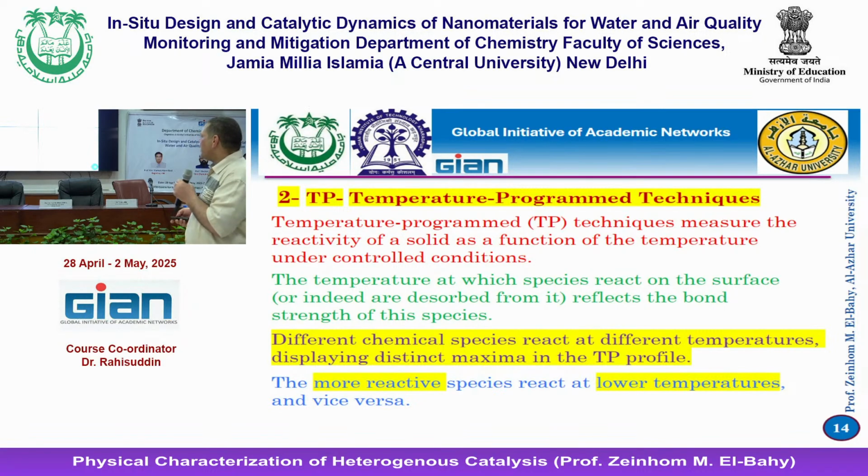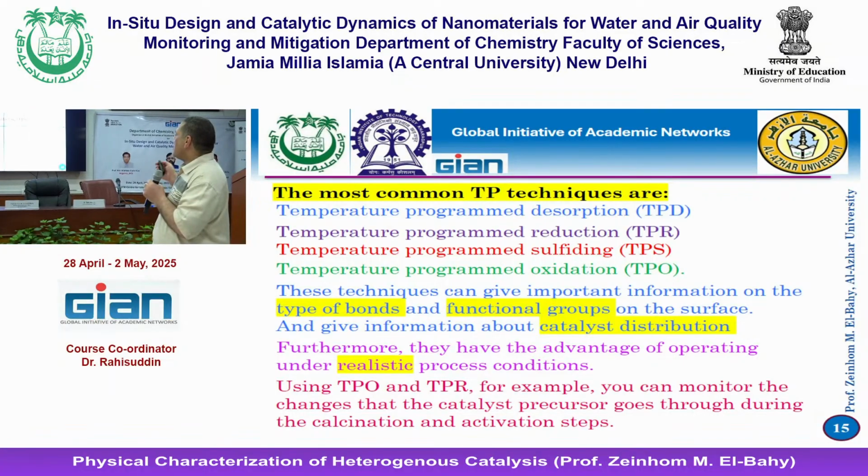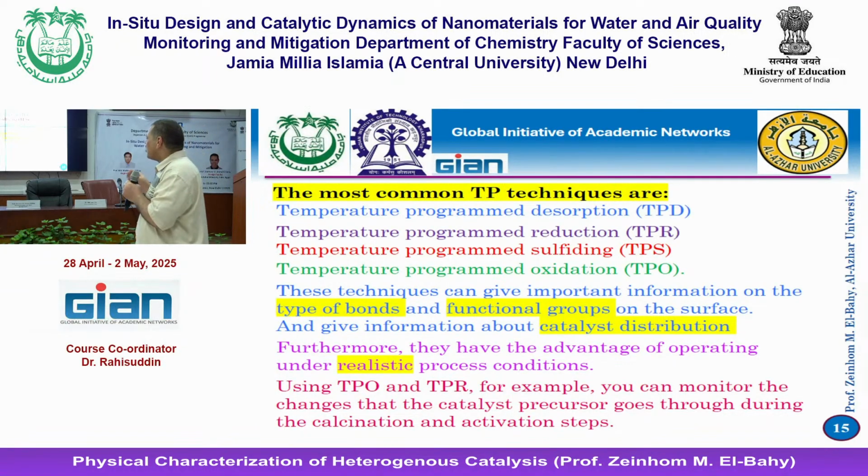The most common TP techniques are temperature programmed desorption, temperature programmed reduction, temperature programmed sulfiding, or temperature programmed oxidation. Those are the most important ones, and I think you can't find the others. Of course, it depends on the functional group and the adsorption.